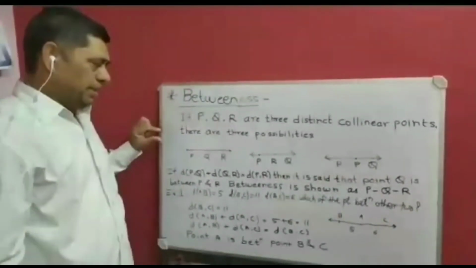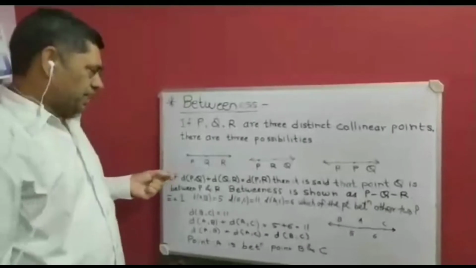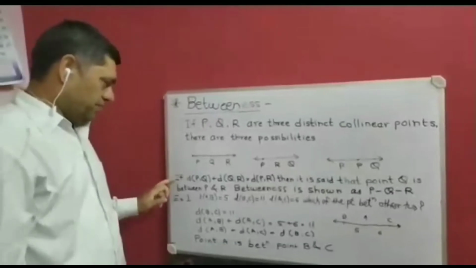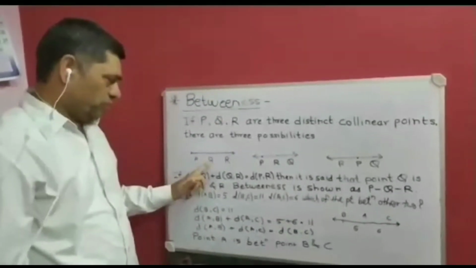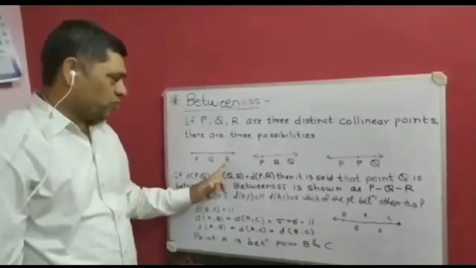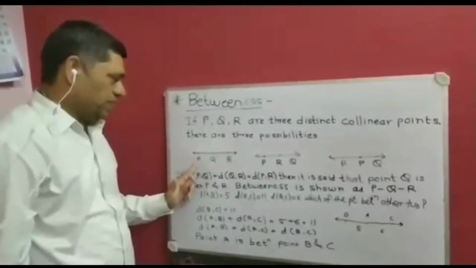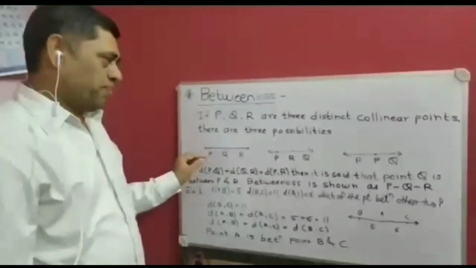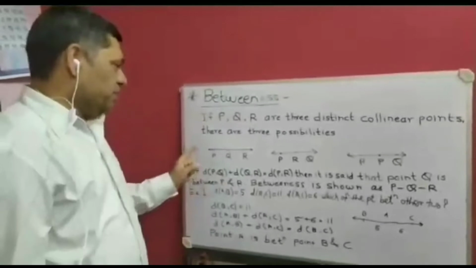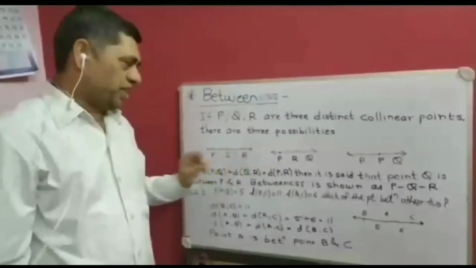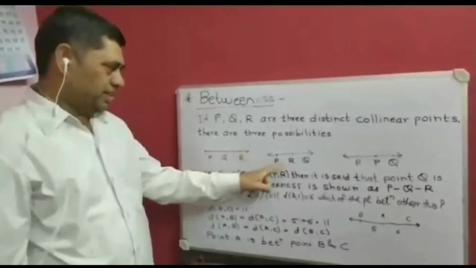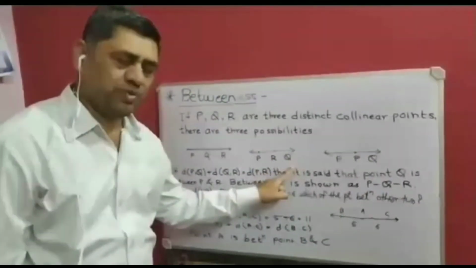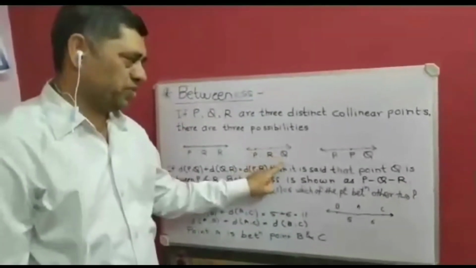Then how do we consider this? For that, a trick is given, understand it from these 2 lines. If distance PQ plus distance QR is equal to distance PR, then it is said that point Q is between point P and point R. Here distance PR plus distance RQ is equal to distance PQ.